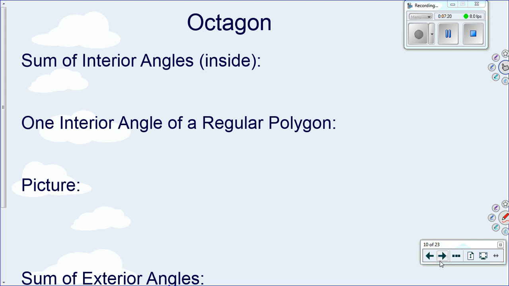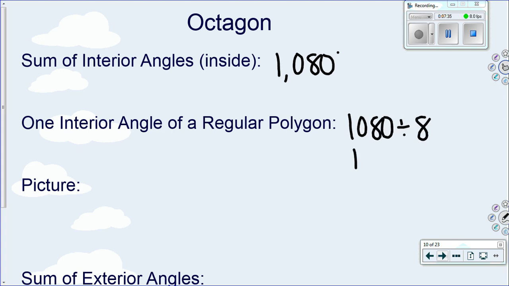Next shape is an octagon. An octagon has an interior sum of 1,080 degrees. If I take that number and divide it by the 8 angles that are inside of an octagon, I get 135 degrees per angle.